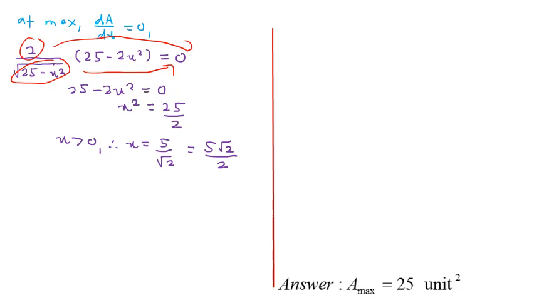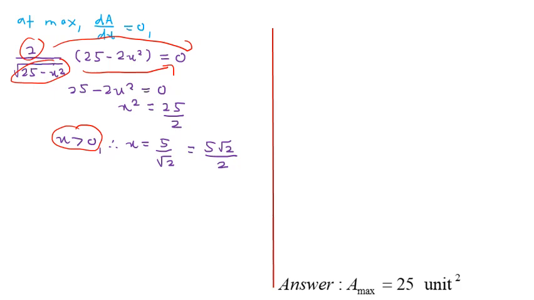So we know generally square root will be plus minus, but since x, the dimension, must be greater than 0, we take only the positive value. So make sure you write the notation x greater than 0 here, so that we can conclude that x equals 5 root 2 over 2.